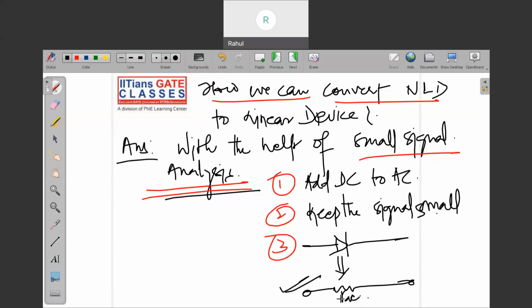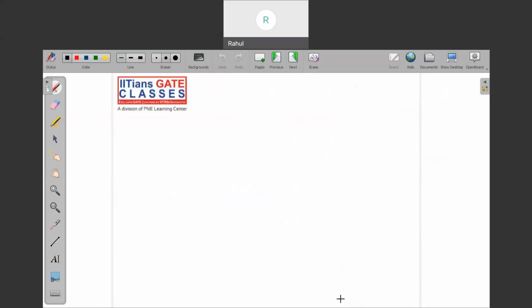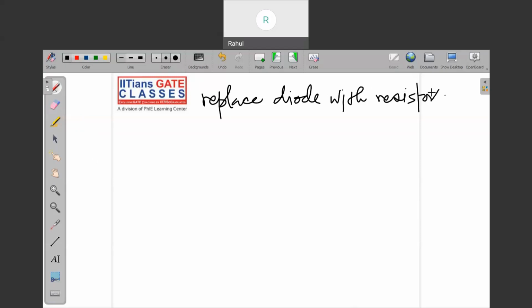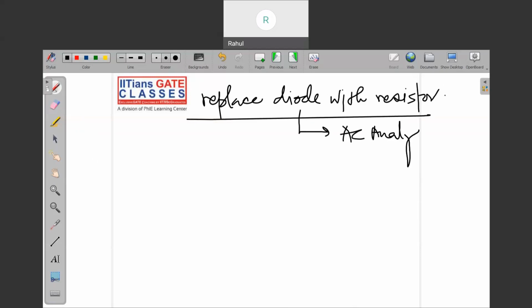DC is added just to clamp your AC signal, that's it. Whenever you go for AC analysis, you will have to replace the diode with a resistor.